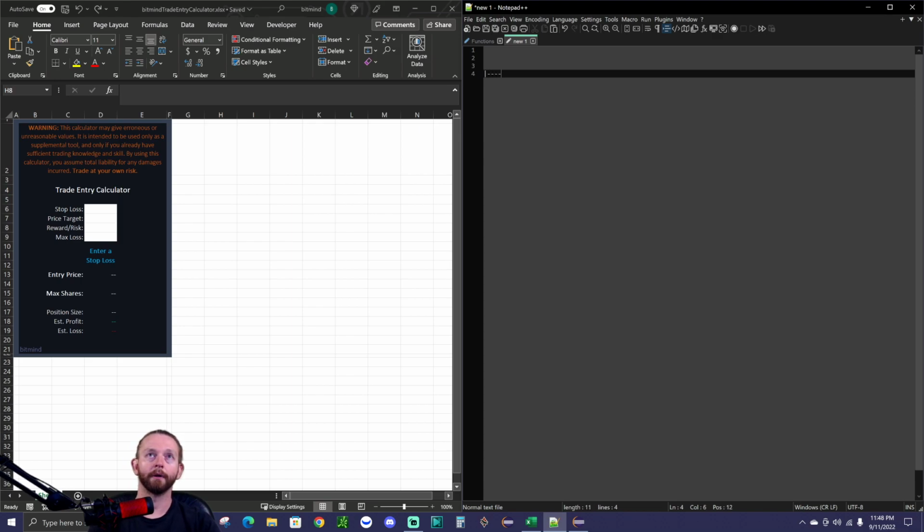Let's imagine a number line, starting at 0. For this purpose, let's just say we're talking about a long position. So our stop price is going to be the lowest price, and above the stop price we'll have our entry price. Above our entry price we'll have our target price.